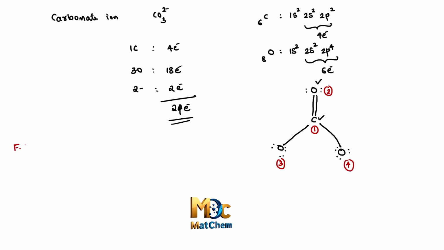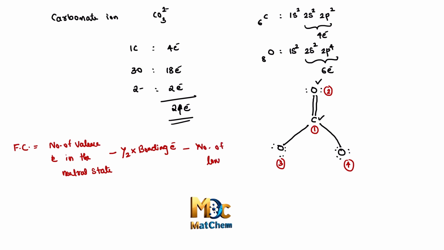Formal charge is equal to the number of valence electrons in the neutral state, minus 1 by 2 into the number of bonding electrons, minus the number of lone pair electrons.